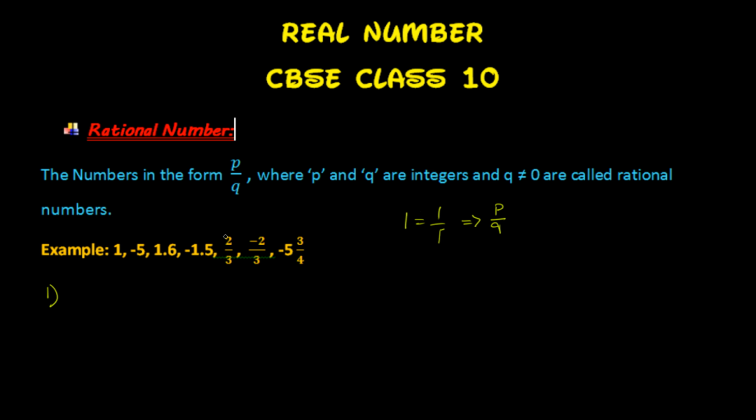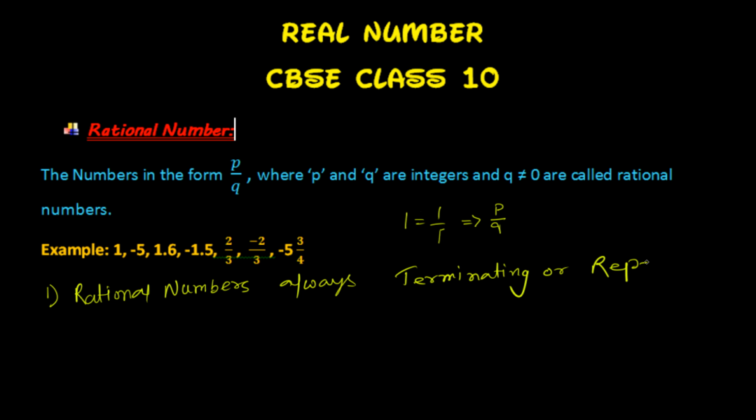The rational numbers will always either be terminating or they will be repeating decimals.